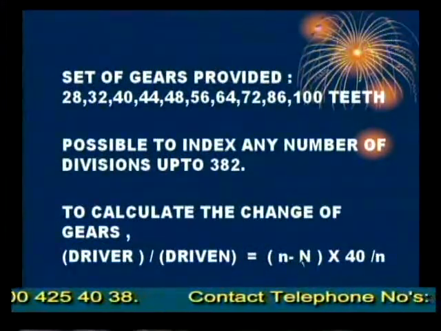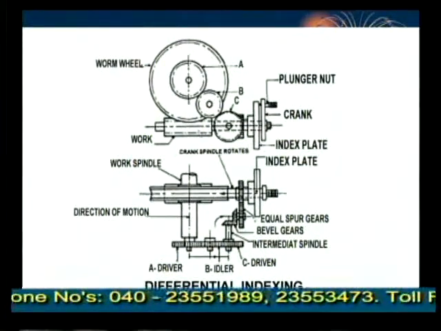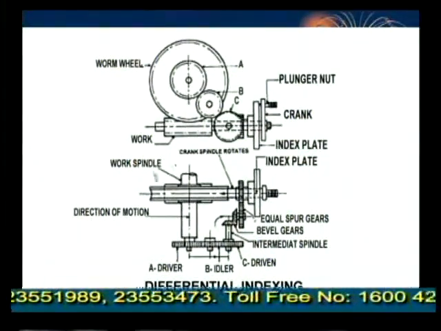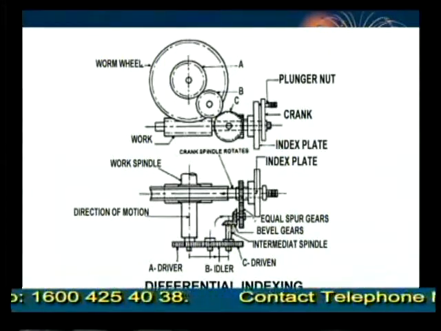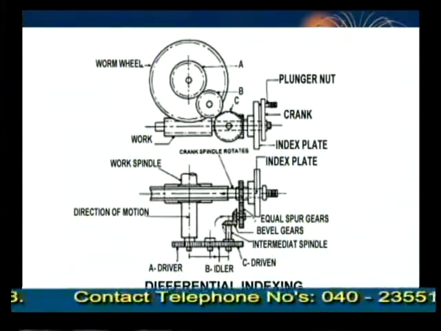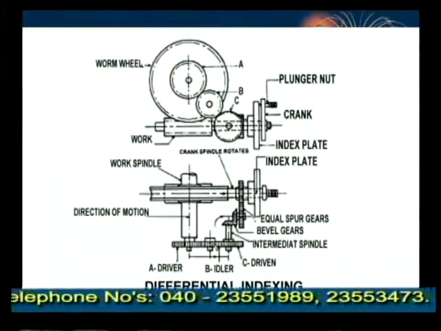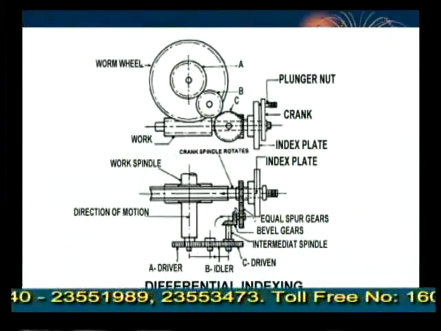So, small n minus capital N into 40 by n. This is the arrangement which is illustrating differential indexing. The main difference between plain and universal or differential indexing is this set of gears.